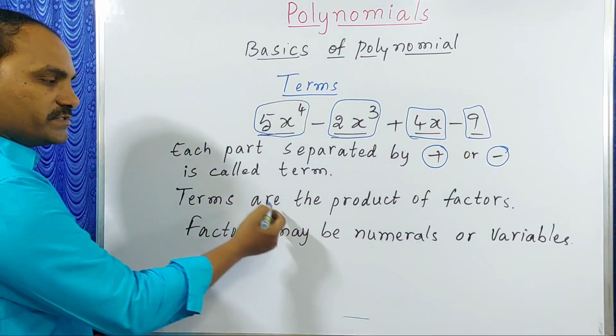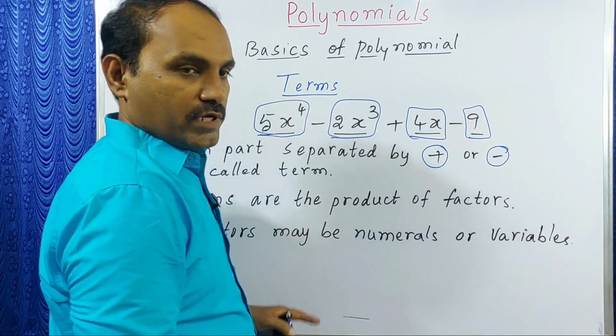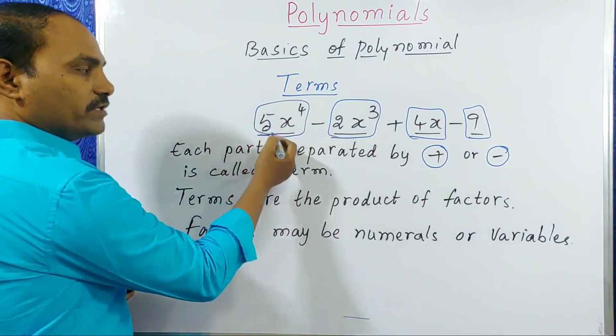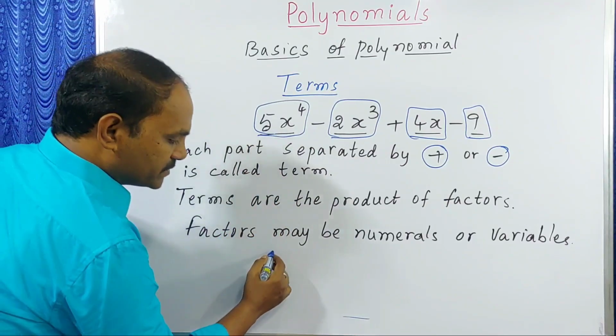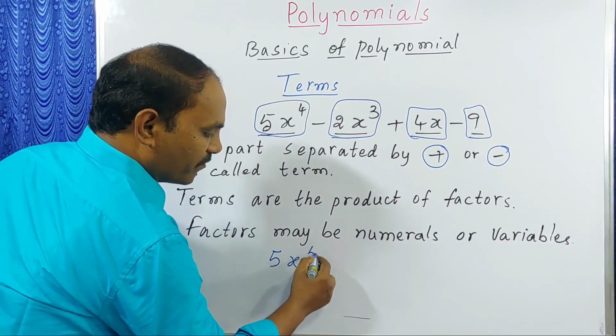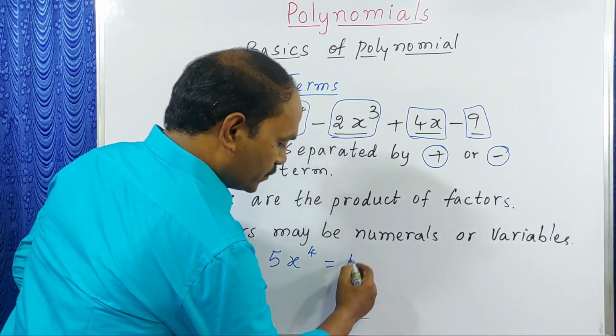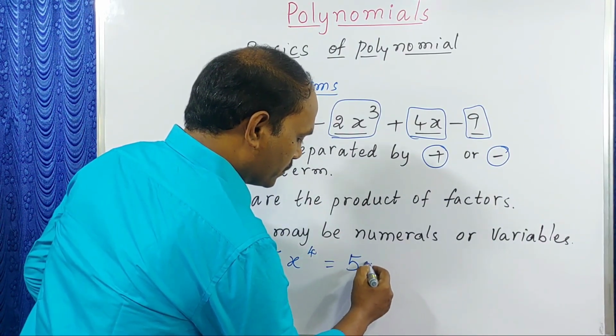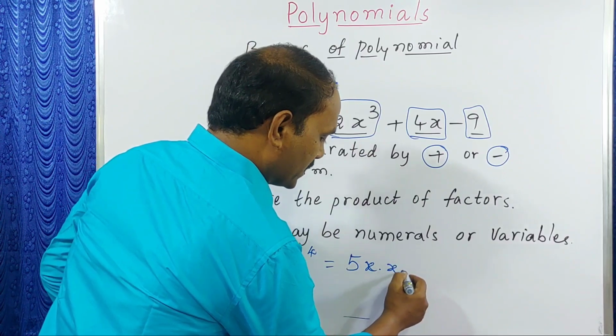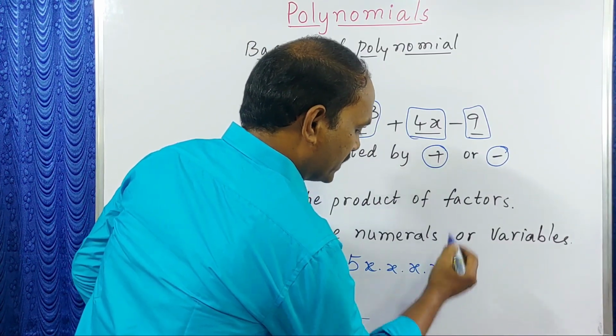Next, terms are the product of factors. When you look at each term, 5x power 4, here factors are there. We can write this like this, 5 into x into x into x into x.